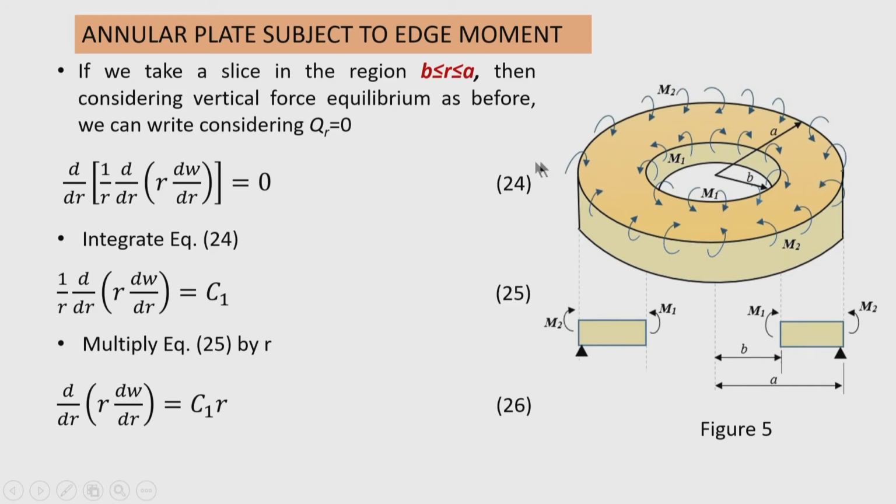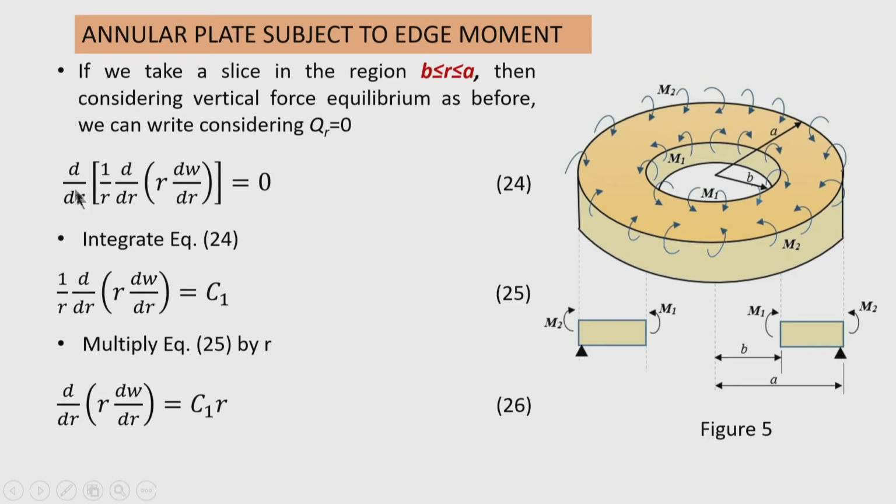Based on that we can write this equation: d by dr, bracket 1 by r d by dr, bracket r dw by dr, bracket closed, equal to 0. This is the expression for shear force, and it is 0, because no shearing action takes place here, because no load is there. So, this is the homogeneous equation to find the deflected surface.